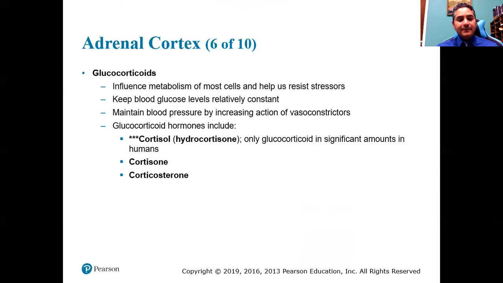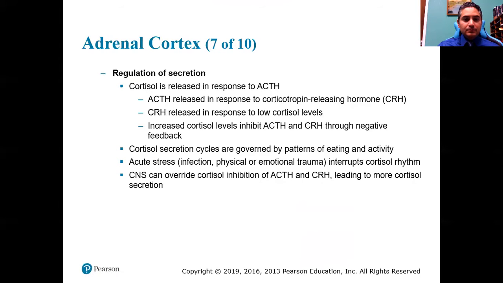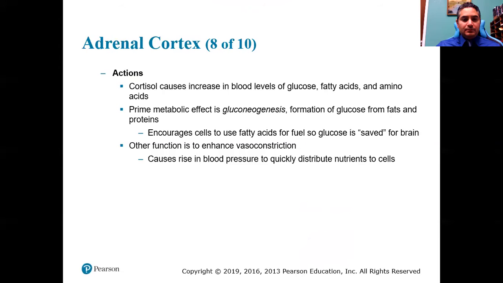So one of the glucocorticoids is cortisol. This one, I put this little sign here because, man, it is important. Cortisol. Now, let's talk about some of the actions of cortisol. So cortisol causes an increase in blood levels of glucose, fatty acids, and amino acids.